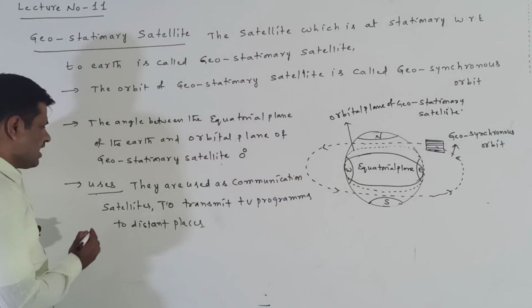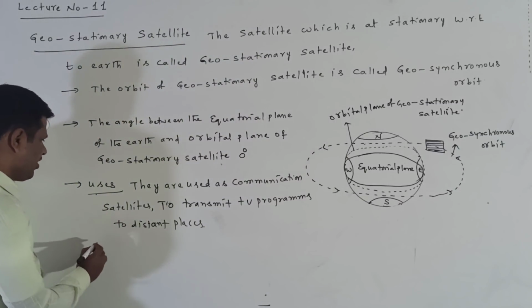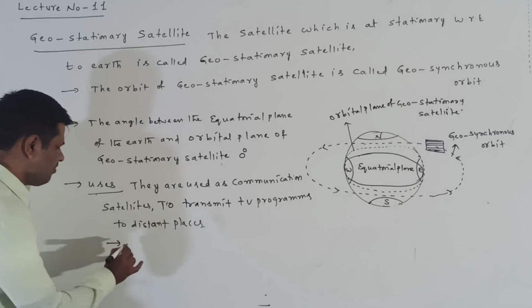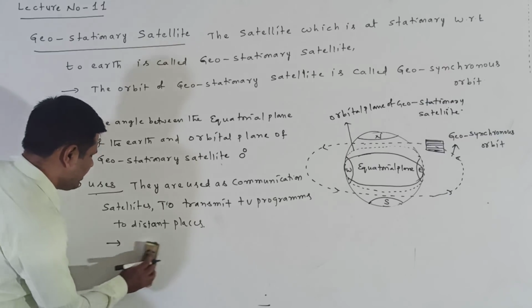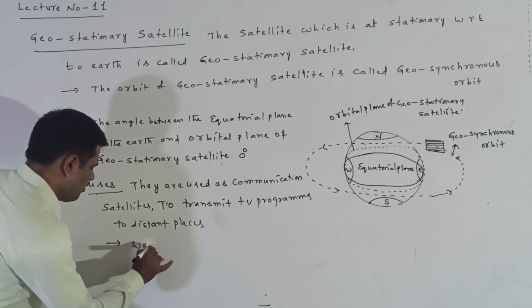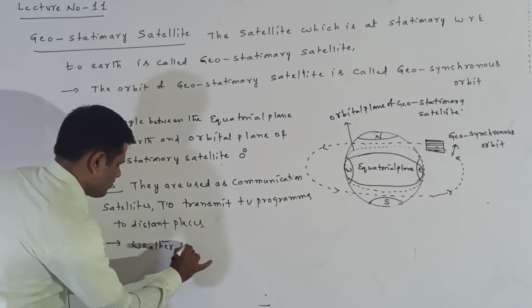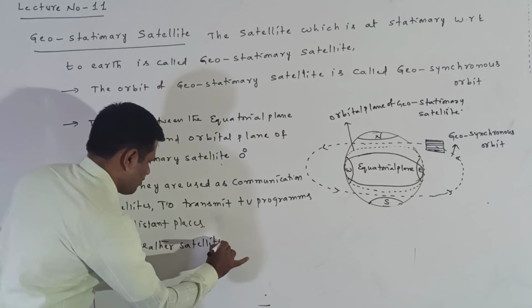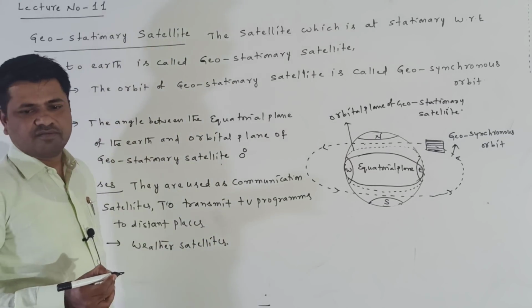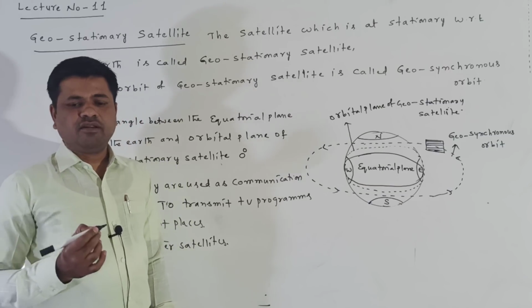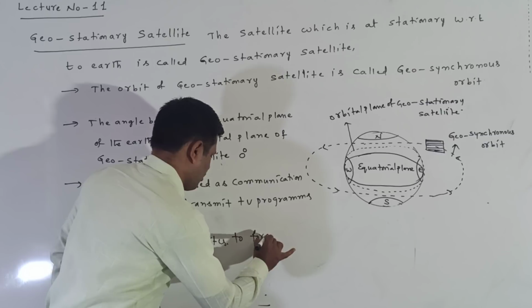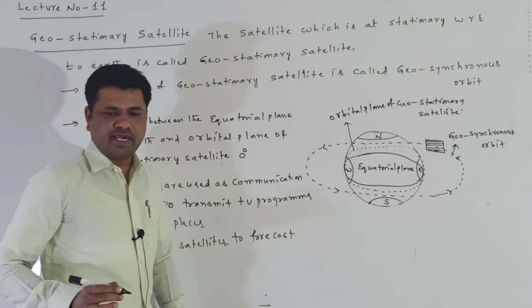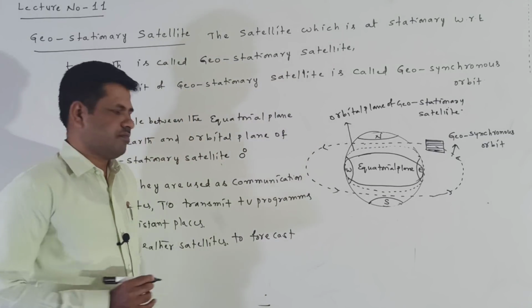Here, geostationary satellites are used as, first one, communication satellites. Next, they are used as weather satellites, to forecast weather.